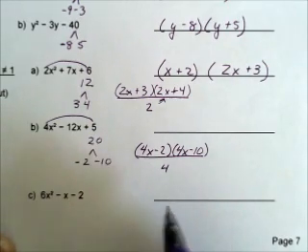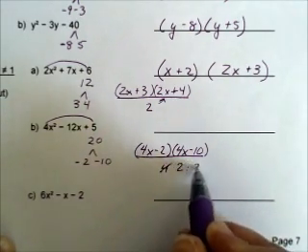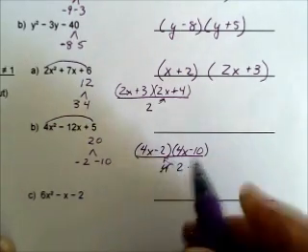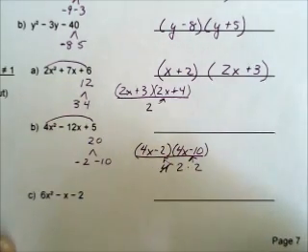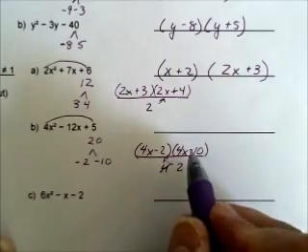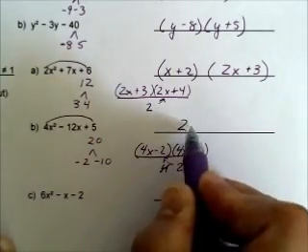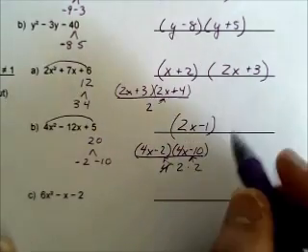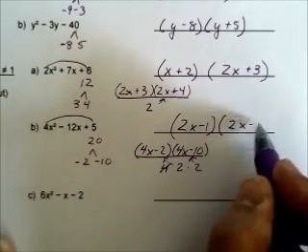So we break 4 down into 2 times 2, and then 1, 2 will divide into one binomial and the 2 into the other. So we end up with 2x minus 1, and taking 4x minus 10 and dividing by 2, 2x minus 5.